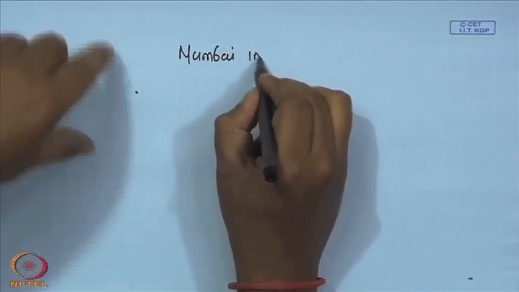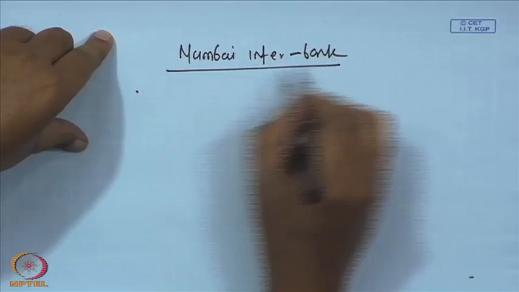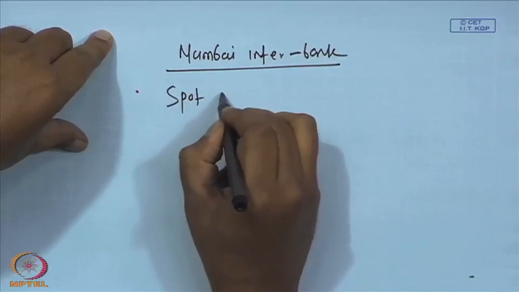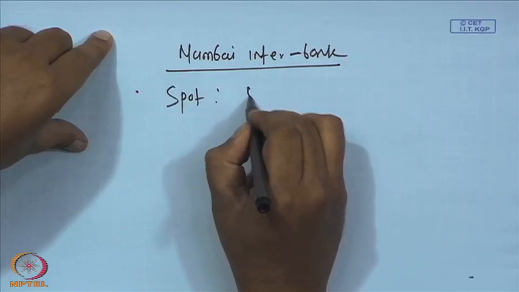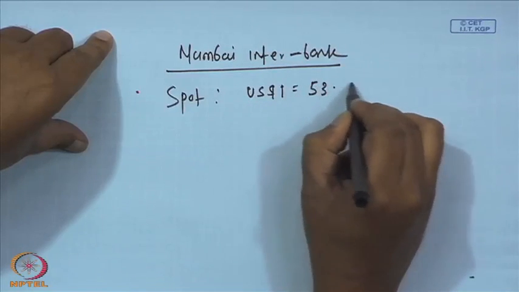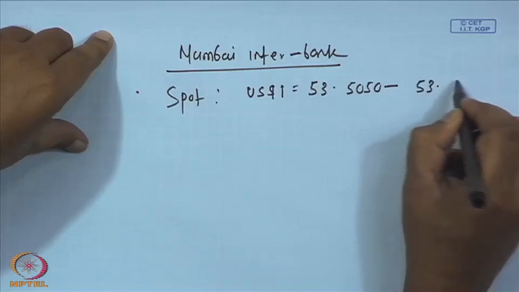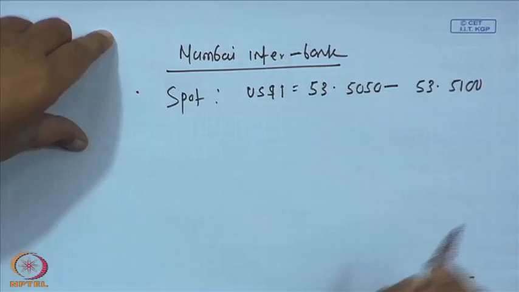Now, in the Mumbai interbank market, the spot rate for US dollar is 53.5050, 53.5100.